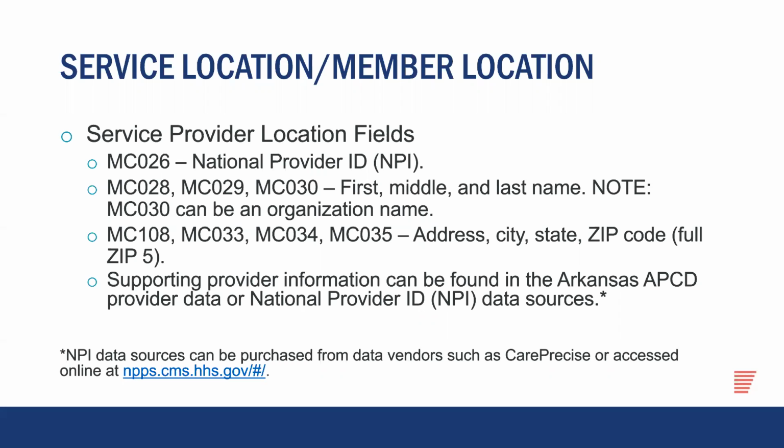You also have the address, city, state, and zip code. I think some subscriptions have zip 3 versus zip 5. I don't think so on service provider data. You can get the full. Oh, just member table. Okay, sorry about that.